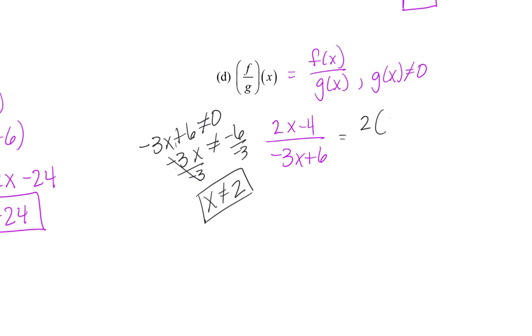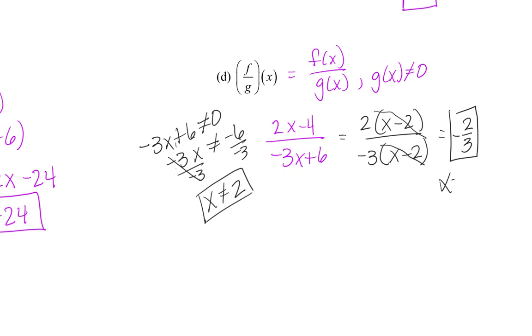So I'm going to factor out a 2. I'm going to factor out that negative 3, because that allows me to cancel this out right here. So I'm left with negative 2 over 3, where x cannot be 2.